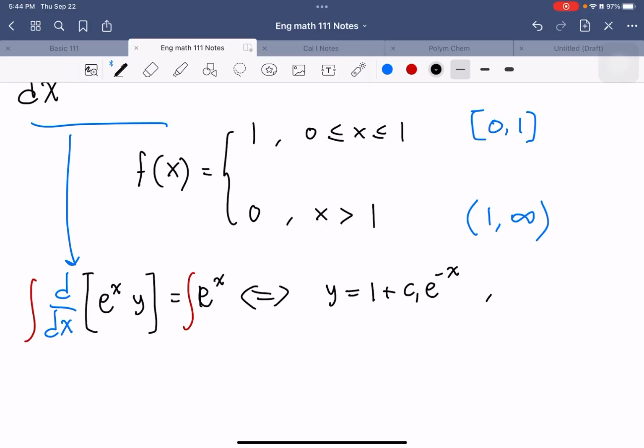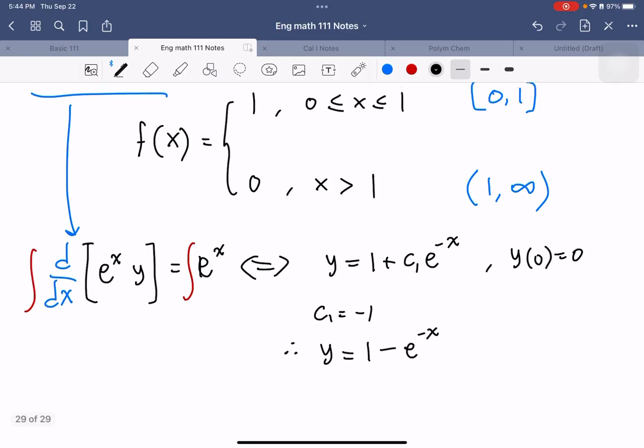Then we have the initial value y(0) is 0, so we put in all 0, and we get c1 is negative 1. Therefore, this becomes y equals 1 minus e to the power negative x.